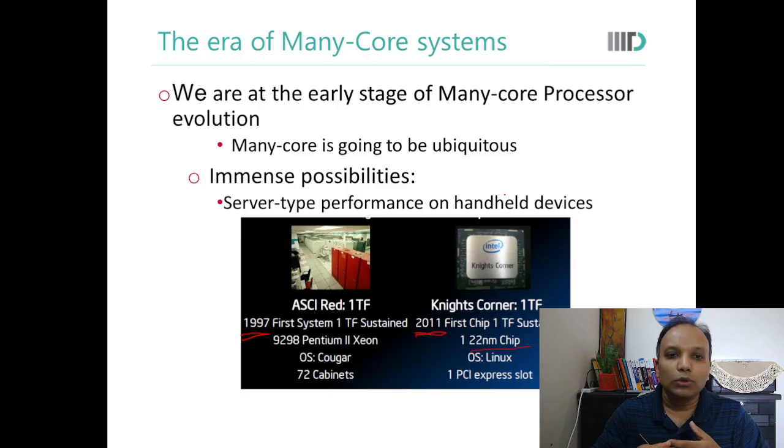So, it will not be very optimistic to say that we will have server like performance on our handheld devices very soon, and the kind of supercomputers we have today, which are sustaining almost exascale performance, maybe 2-3 decades down the line we will have our handheld devices sustaining that kind of performance.